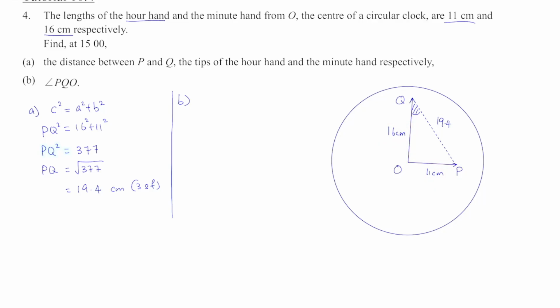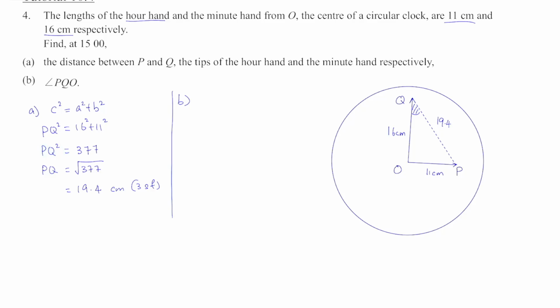Do not use numbers or values from your working, because in the event that this value is wrong, then your answer will be wrong. Okay, so use the given values as much as possible. Unless no choice, then you use the 5 SF of the value that you have found. All right, so very important to take note of this.